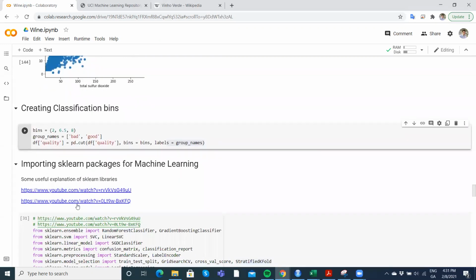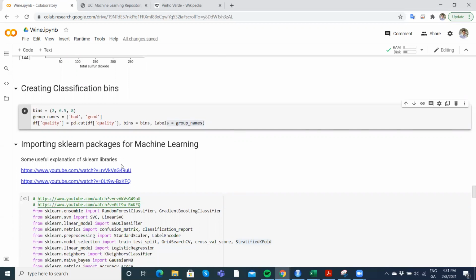And do follow the hyperlinks to some explanation here in terms of this sklearn package, which is a very standard package for implementing machine learning. It provides us with the wherewithal to do a battery of machine learning procedures and then evaluate the performance of our model.